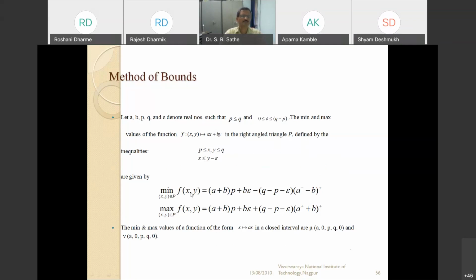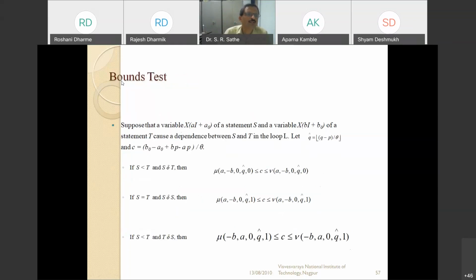It is a complicated expression involving a minus, b plus, and so on. This is given in Banerjee's book. The total derivation is beyond this lecture. So we can simply use the result. Okay.